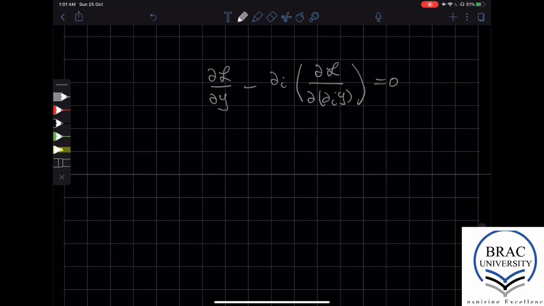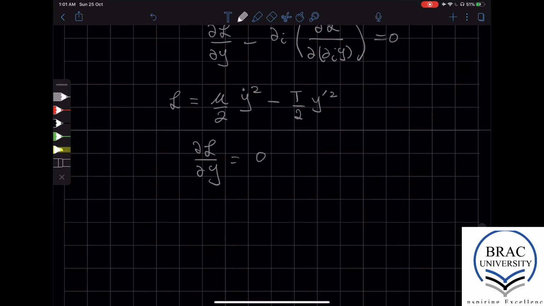So the string had its Lagrangian, remember, it had the kinetic term as well as the potential term. So this is a Lagrangian where the Lagrangian does not depend on the displacement. And therefore, the first term in the Euler-Lagrange equation is going to be 0.